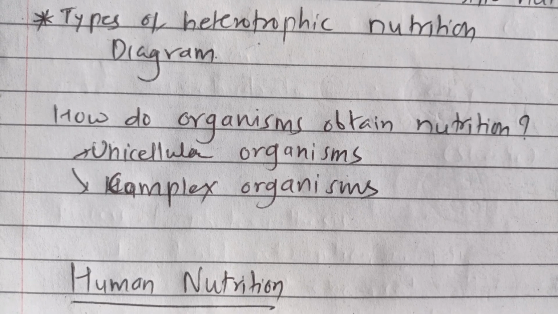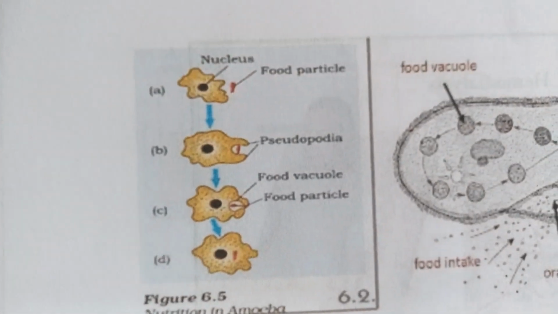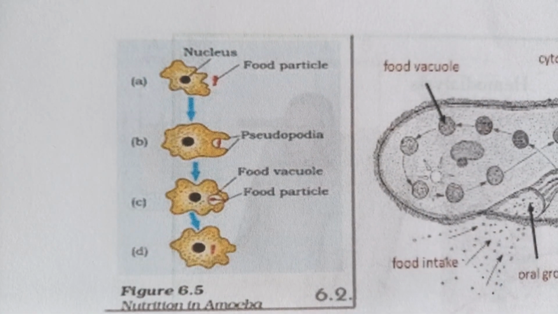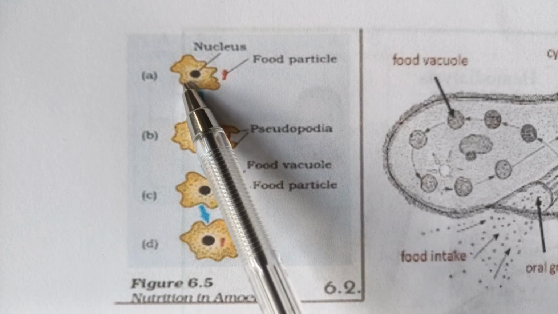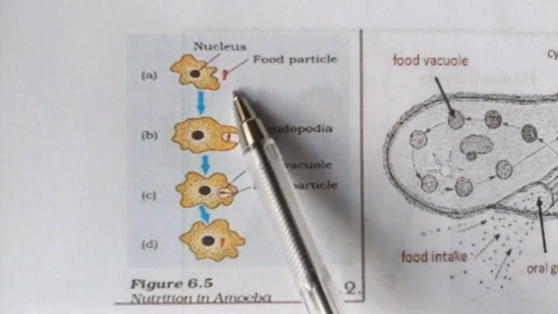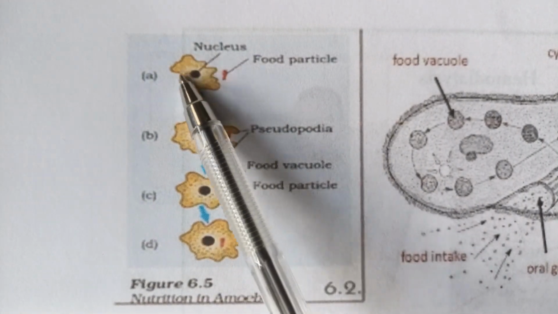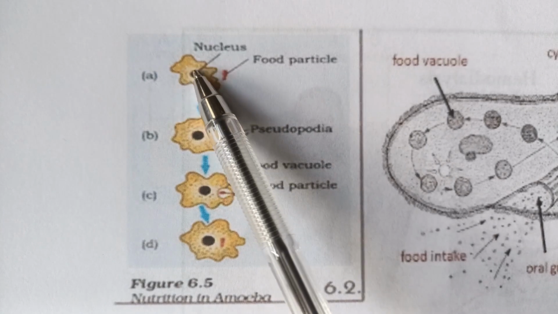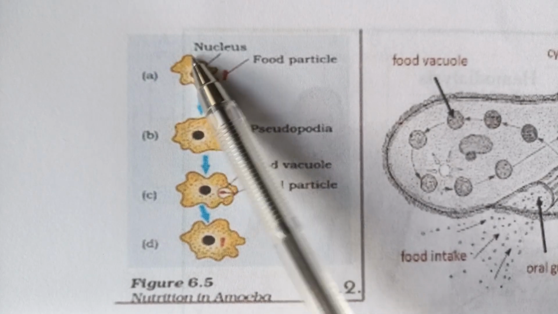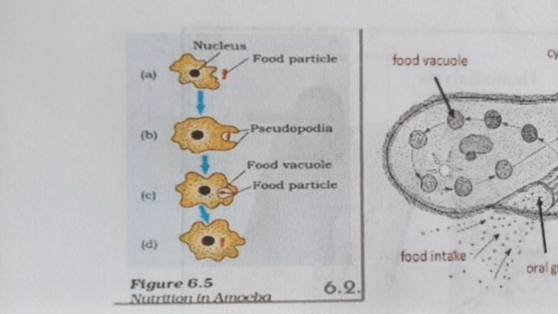In a unicellular organism, as you can see in this diagram, the body surface is in contact with the external surroundings from all over, and all the body systems are in this single cell. So all the systems are in contact with the surrounding environment.